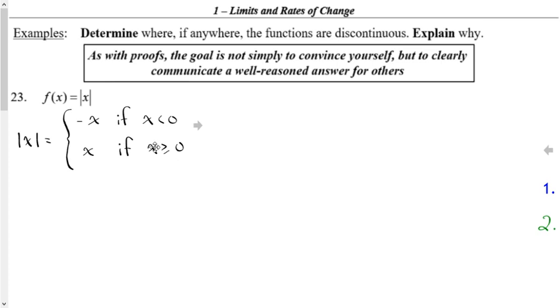So absolute value of 7, that's greater than or equal to 0, that's just equal to 7. If x is less than 0, then I have to take the negative of the number. So for example, if x was negative 7, well, negative 7 is less than 0, so I take the negative of negative 7, which gives me positive 7. So that's the piecewise definition of absolute value.